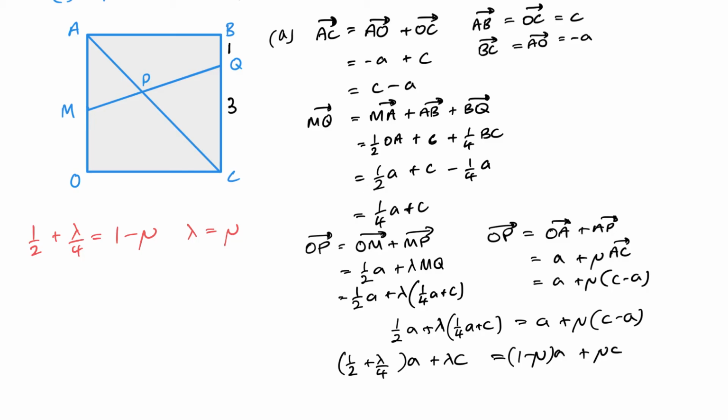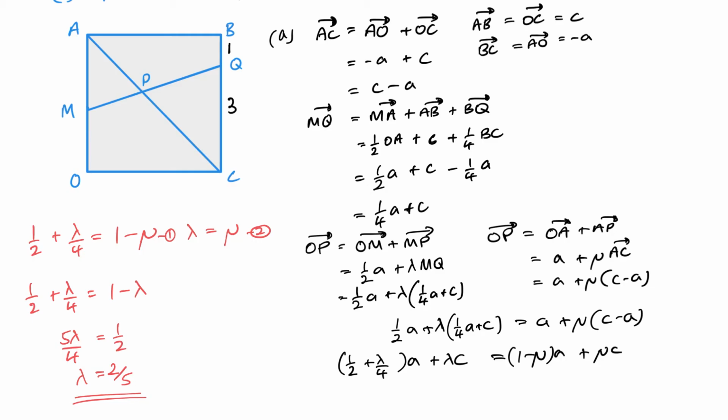So substitute one equation into the other one. I would get a half plus lambda over 4 equals 1 minus lambda, and then it's a matter of factorizing. So we've got 5 lambda over 4 equals a half. So times by 4, dividing by 5, gives me that lambda is 2/5.